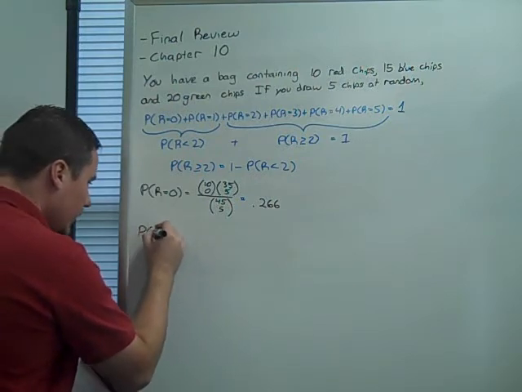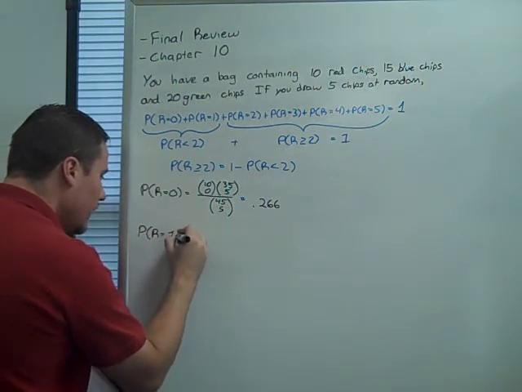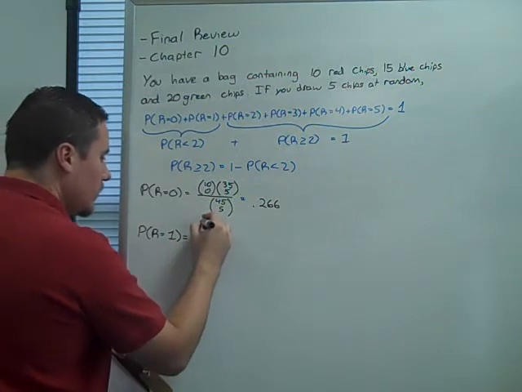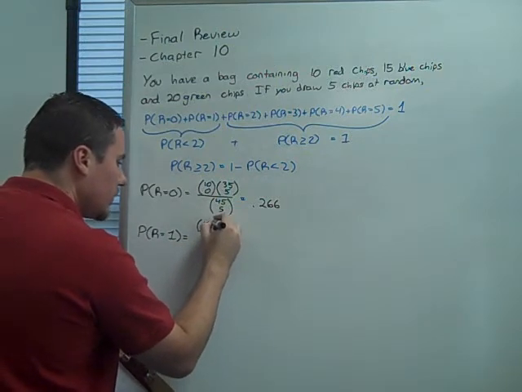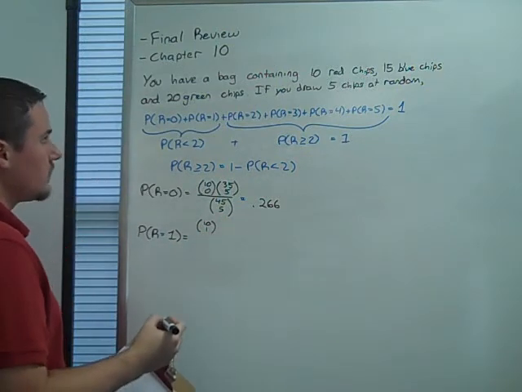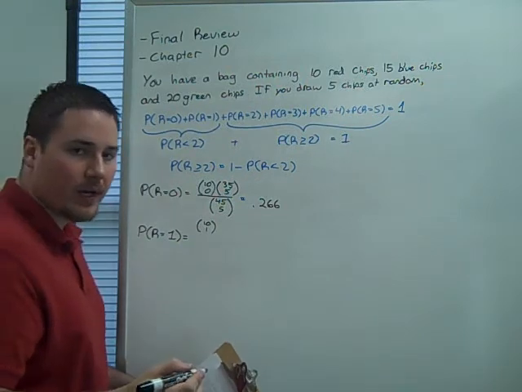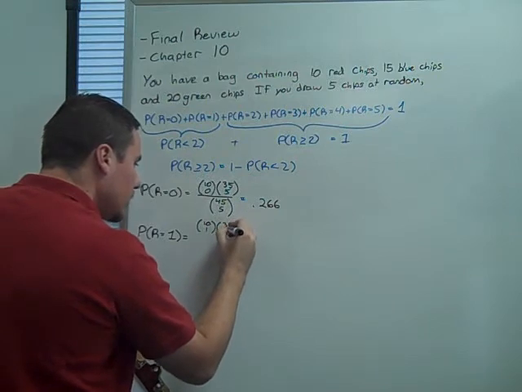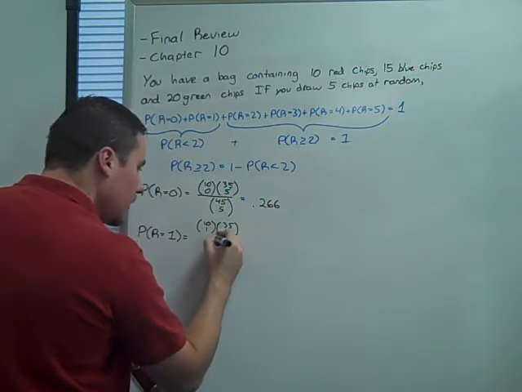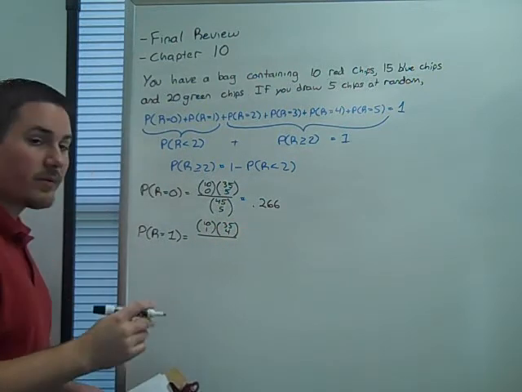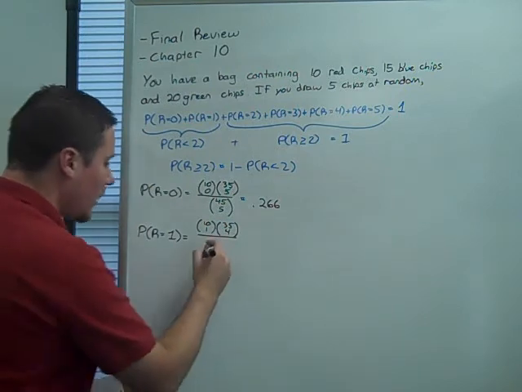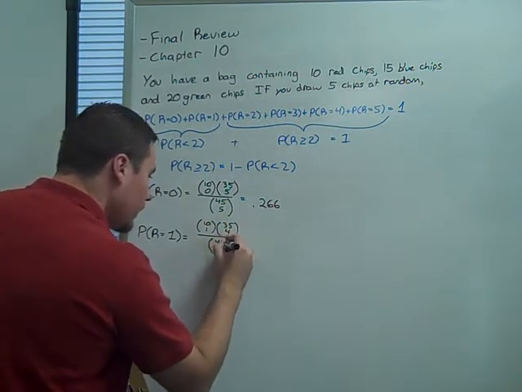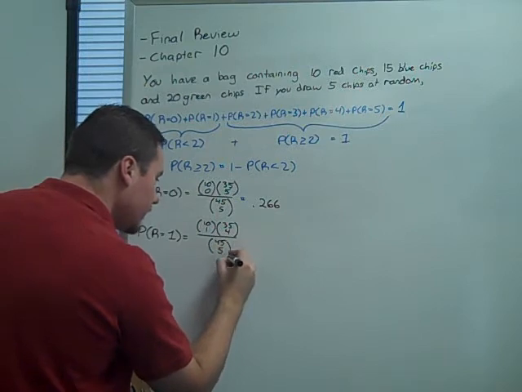Then my probability of getting 1 red is equal to 10 choose 1, because there are 10 red chips and I have 10 choose 1 ways of getting them, and then 35 choose 4, which is the number of ways that I can choose non-red chips, all over 45 choose 5.